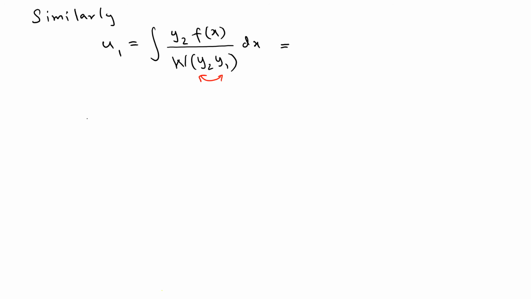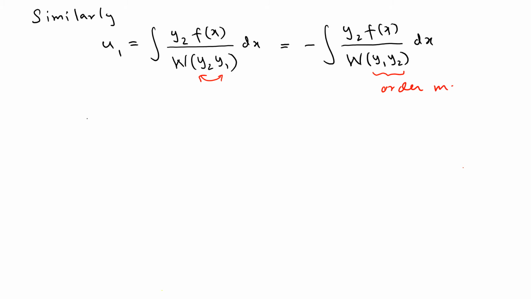Once you switch, you get a negative sign because it's a determinant. So u1 becomes the negative integral of y2 f(x) over W(y1, y2) dx. So this order matters, so be careful with that.